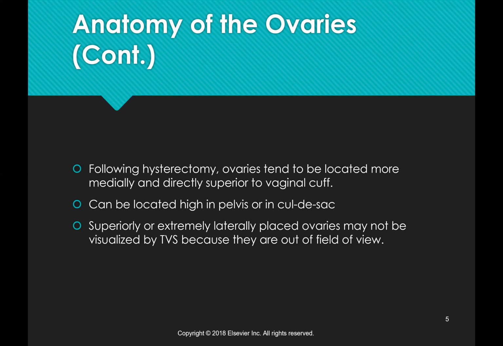A lot of the times when this happens, I might have to do a transabdominal ultrasound too and look more laterally right and left to see if I can see the ovaries. A lot of the times they've just traveled up higher in the abdomen or in the pelvis.